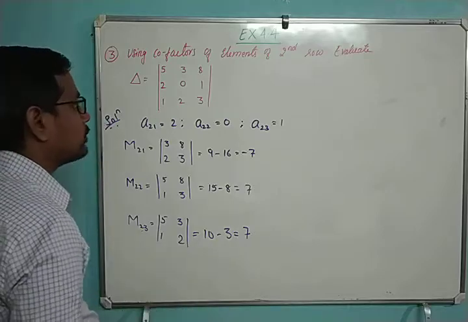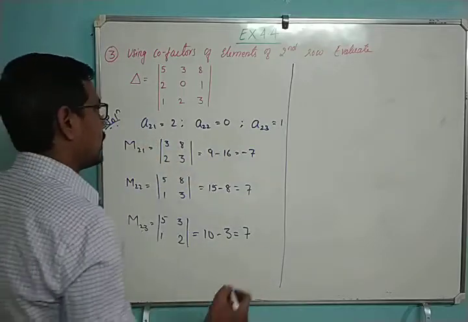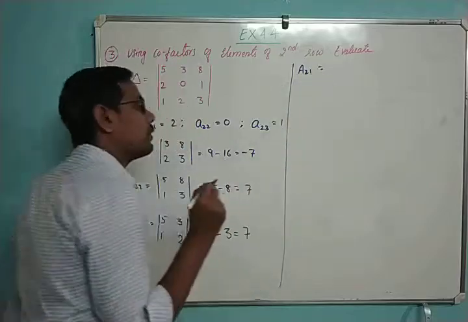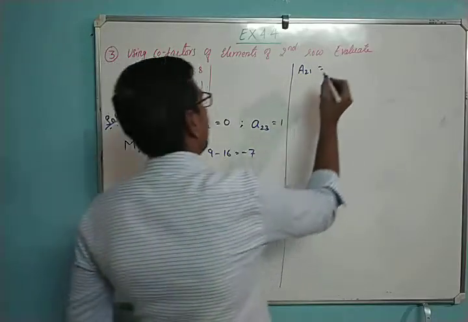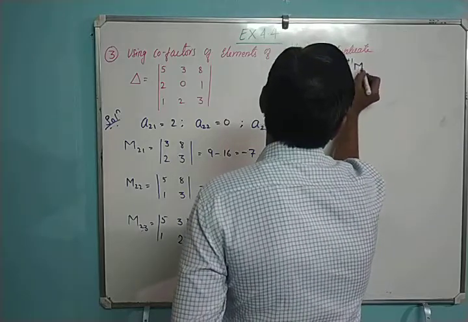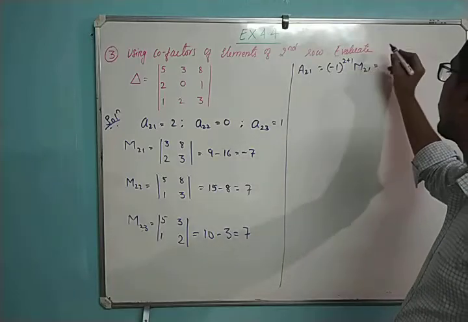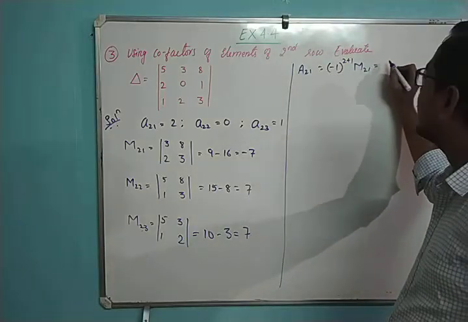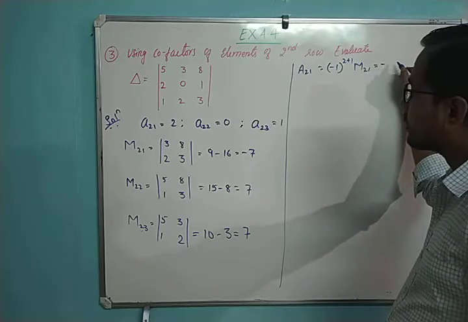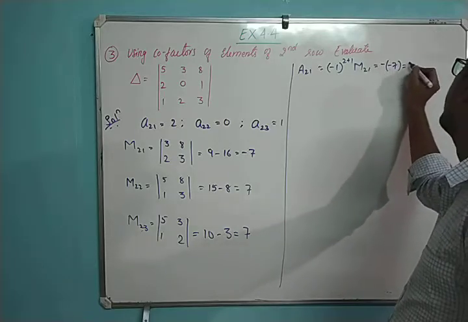Now the cofactor A21 is given by minus 1 to the power 2 plus 1 into M21. Minus 1 to the power 3 is minus 1, and M21 is minus 7, so this will be plus 7.